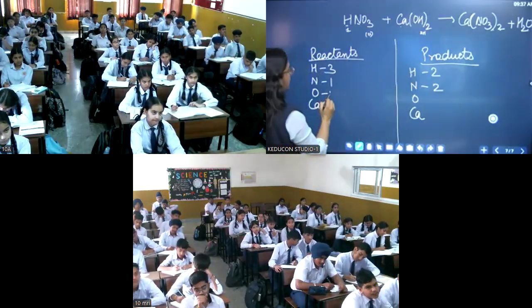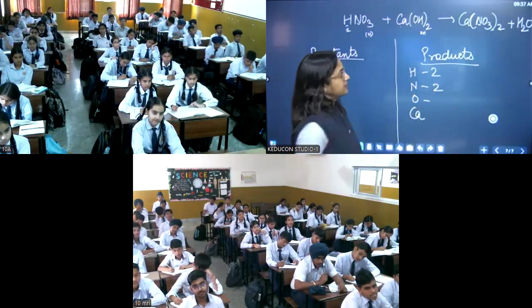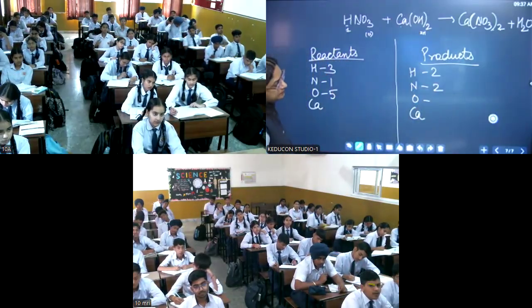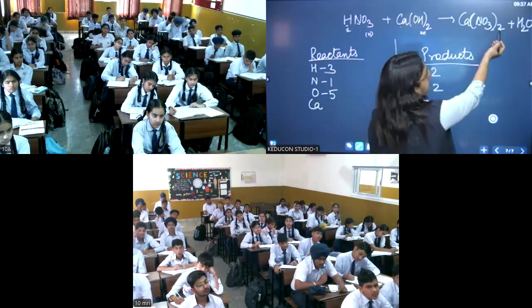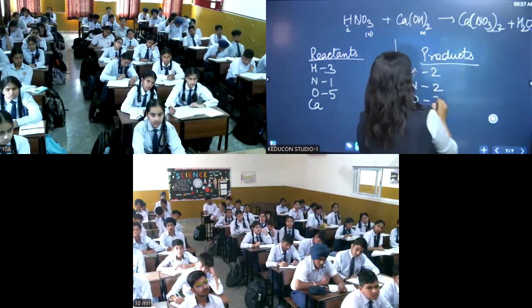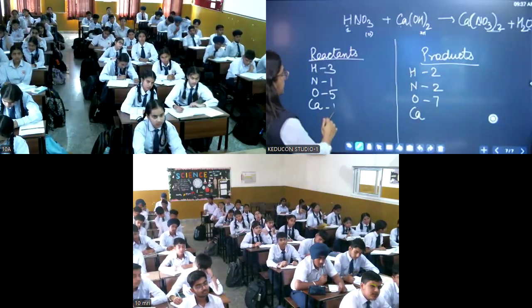So we have 5 oxygen atoms here. And how many oxygen atoms here? 7. 6 here and 1 here. 7. Right? And how many calcium here? 1.